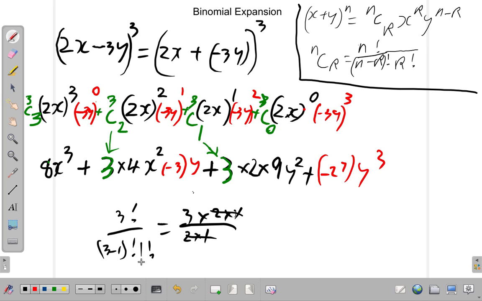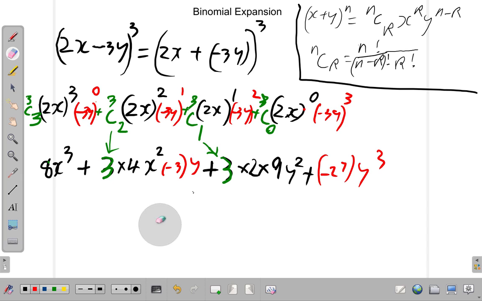So let's put everything together and write down our answer. This is 8x cubed plus 3 fours are 12, but we're going to have to multiply by a negative 3. So this is going to be a minus 3 fours are 12 times negative 3, which is negative 36.